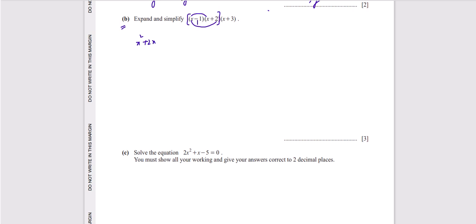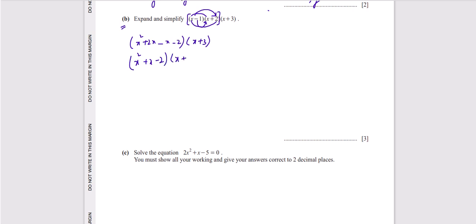Now minus 1 multiplied by x is minus x, and minus 1 multiplied by 2 is equal to minus 2. (x plus 3) is the same. So x squared plus 2x minus x, that is equal to x, minus 2 is the same.